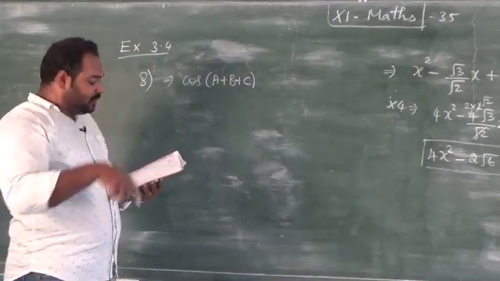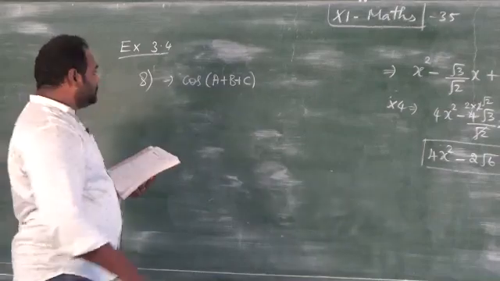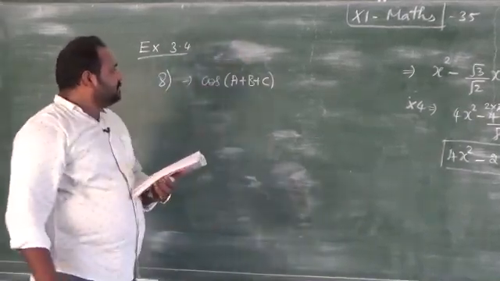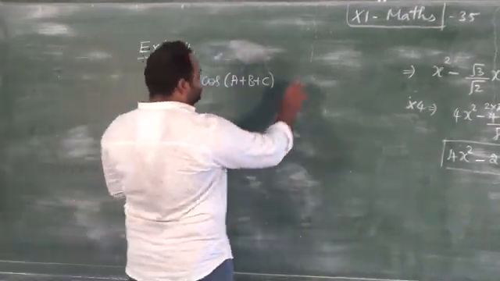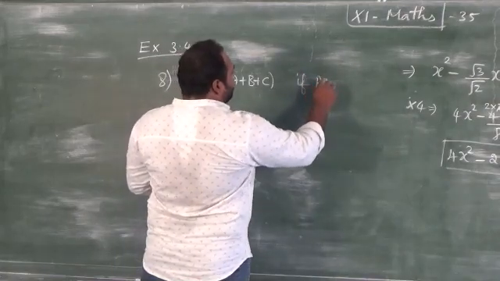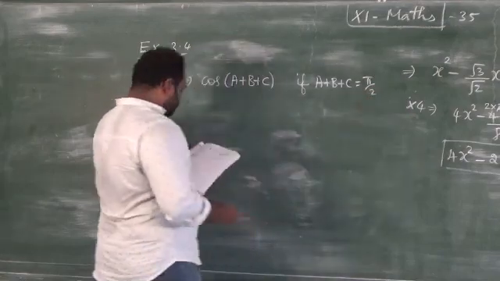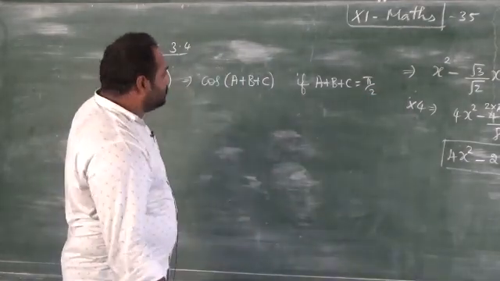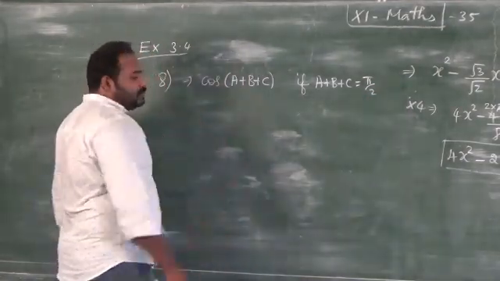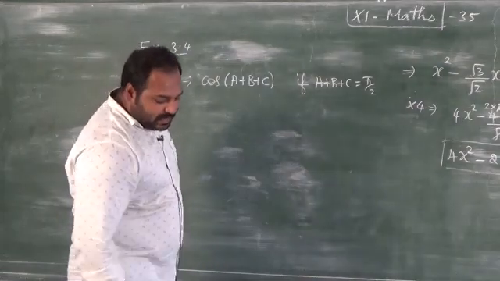We are going to prove this by using the condition given: a plus b plus c equal to pi by 2. So using these conditions I am going to prove the given statement.